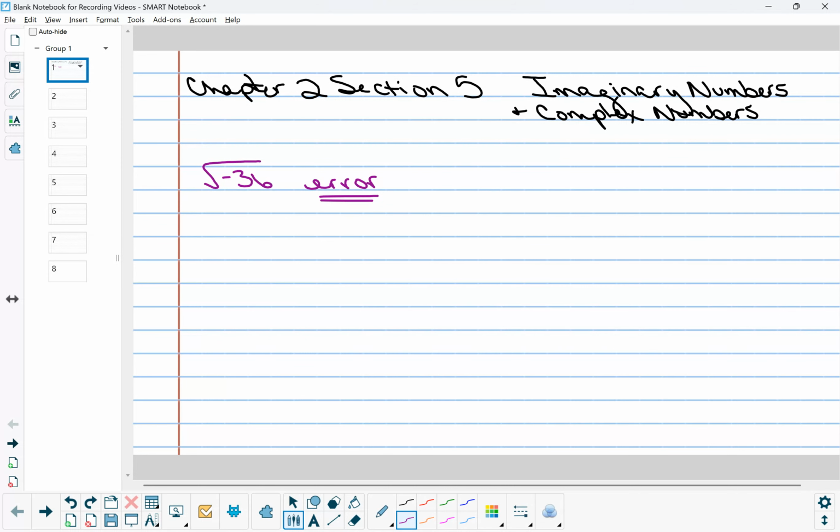So you cannot take the square root of a negative number, as long as it's underneath the root, meaning the square root of something negative underneath the radical sign.